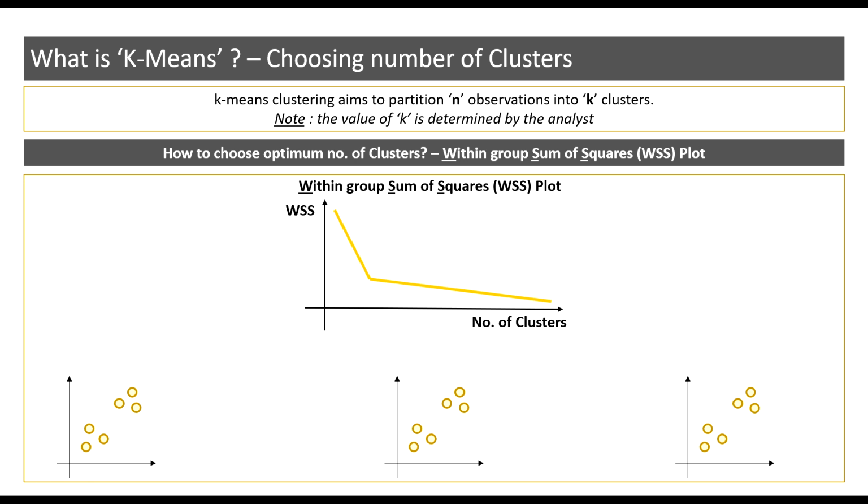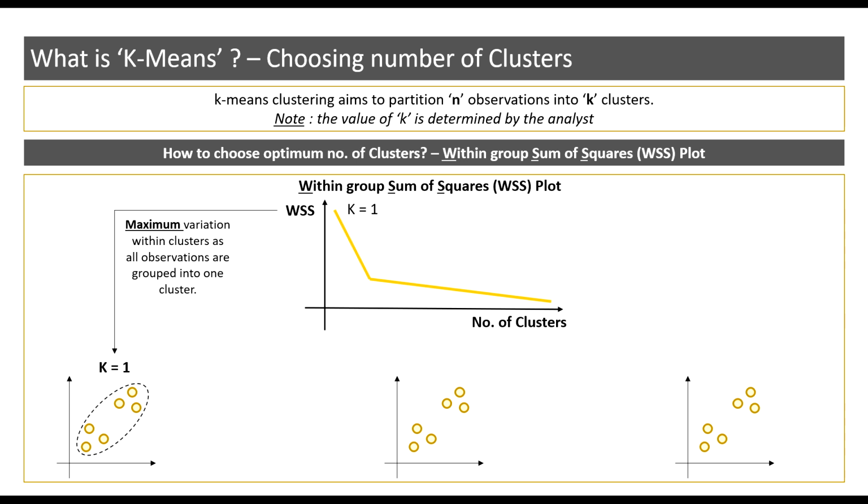Now, here on the left, I have 6 observations. Let us try and derive the optimum number of clusters for these observations by looking at the Wss plot. Let us take an extreme scenario: what is the minimum k value that we can take in this case? As in, what is the minimum number of clusters that we can have?